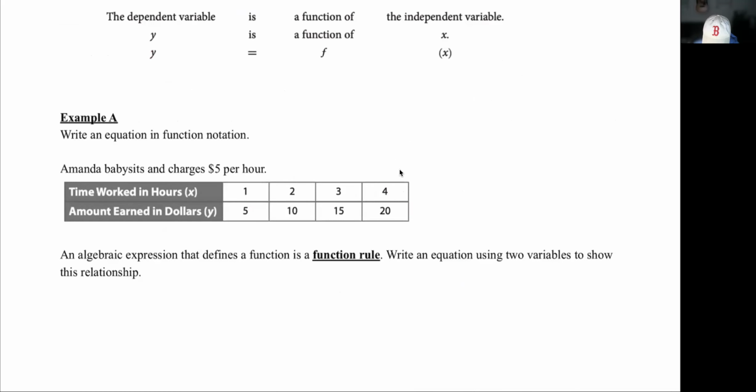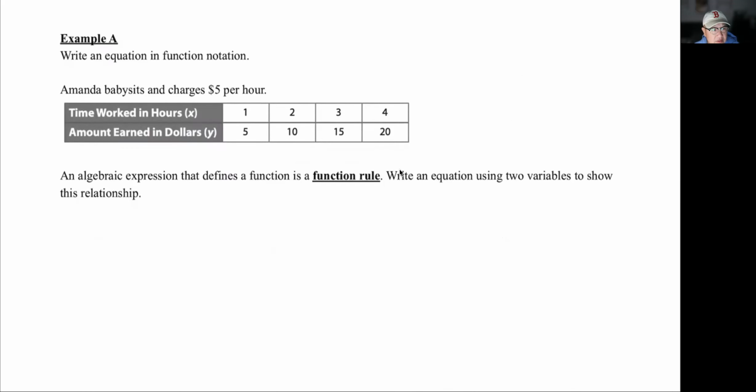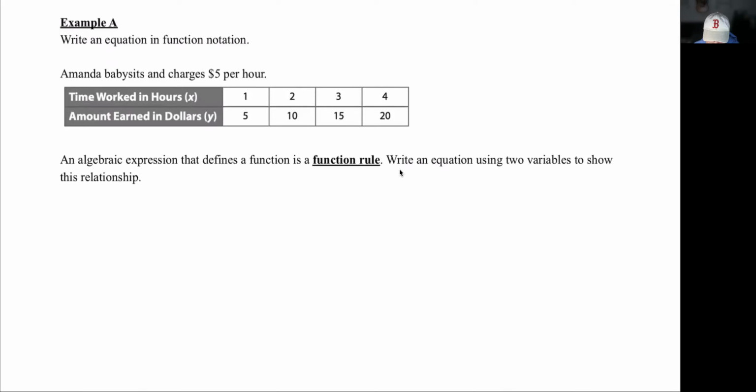All right. Let's look at example A here. It says write an equation in function notation. Amanda babysits and charges $5 an hour. So we could go straight to the function rule, but let's look at the numbers first.